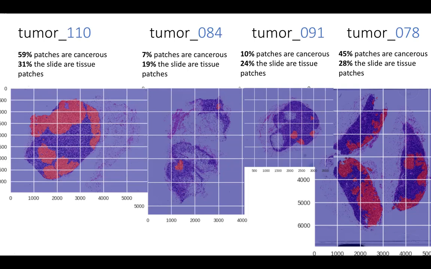Otherwise, those patches would be ignored. And among that 31% tissue patches, 59% of those patches are cancerous, have cancer in it. I did similar statistics for all the other tumor slides.